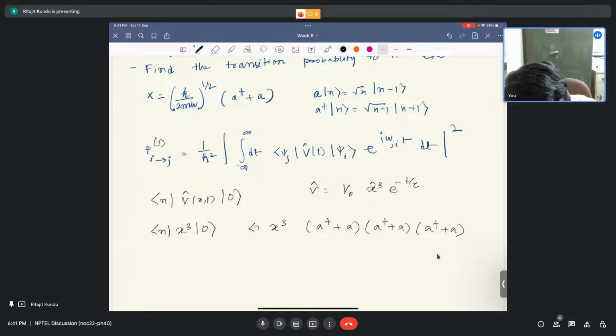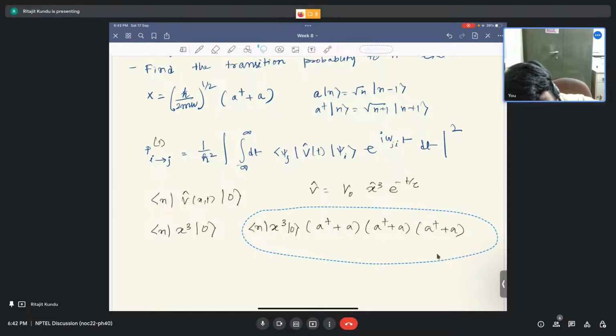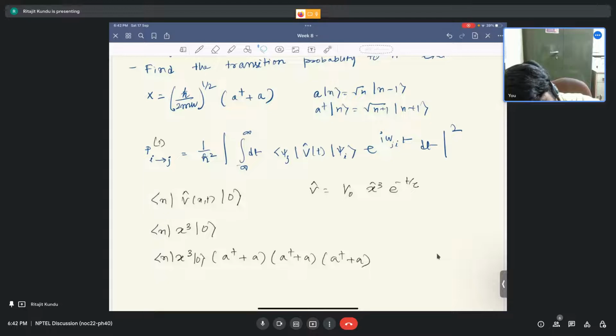Let me write the matrix element, with n sitting here and 0.